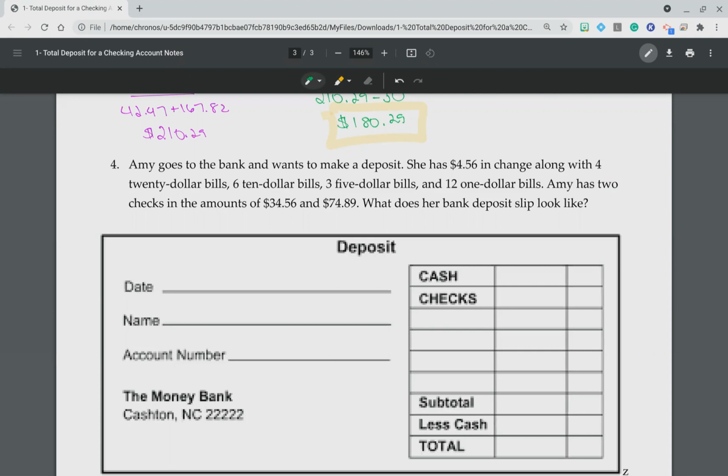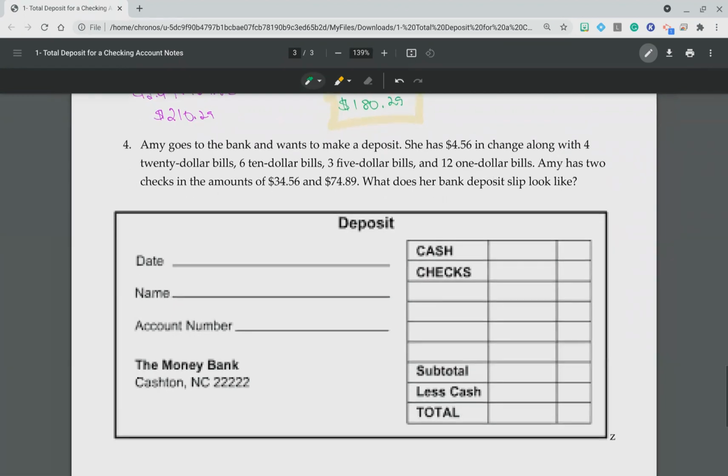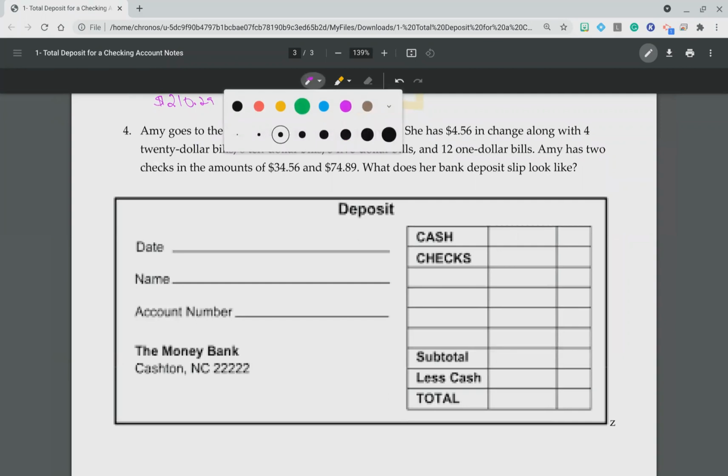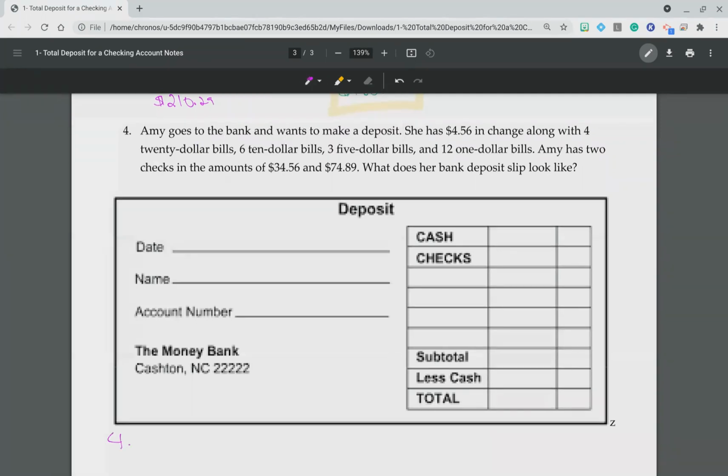Okay, so first thing I need to do is figure out how much cash she has. So we know she has $4.56 in change, plus she has 4 $20 bills, plus she has 6 $10 bills, plus she has 3 $5 bills, plus she has 12 $1 bills.